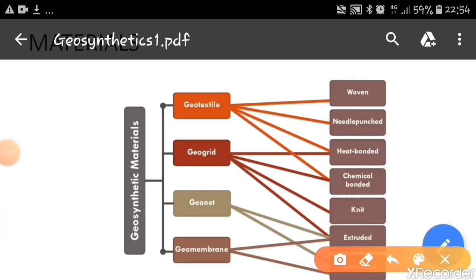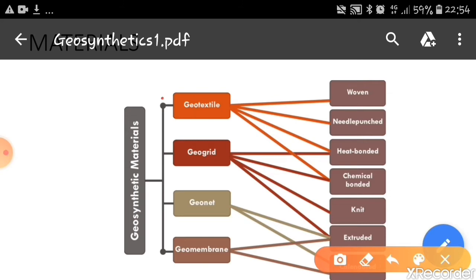So we have seen the different types of geosynthetics in the previous slide. Now we will see the same types, how they are manufactured or what materials are used to manufacture these. First one is geotextiles. Geotextiles may be woven or needle punched or heat bonded or chemical bonded.